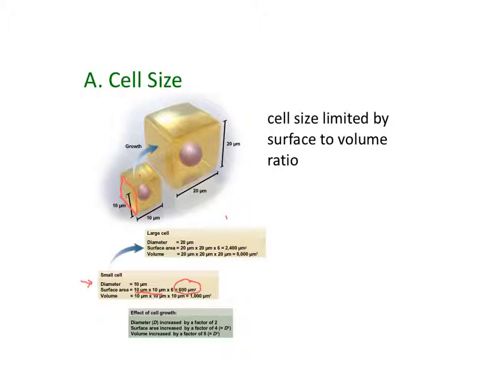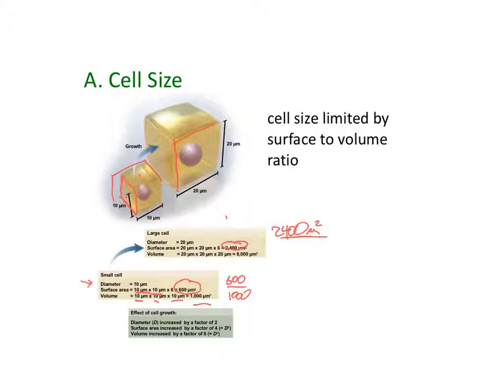For the volume, you multiply length by width by depth, so 10 by 10 by 10, or 1,000 microns cubed. So there's a ratio of 600 to 1,000. If you double the length of one side, so it's now 20 microns, the surface area is 20 by 20 times 6, or 2,400 microns squared.